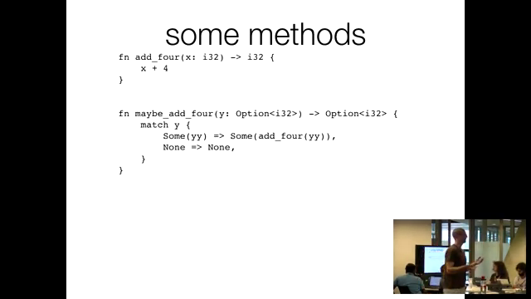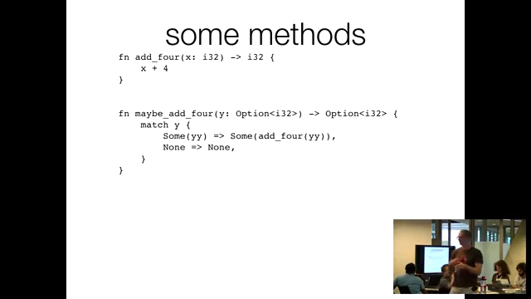So here's a common thing that you often want to do. Look at the second function, maybe add 4. We're going to pass in either an integer or nothing at all. If we get the integer, then we want to add 4 to it and return that. And if there's nothing there, we're just going to return nothing.